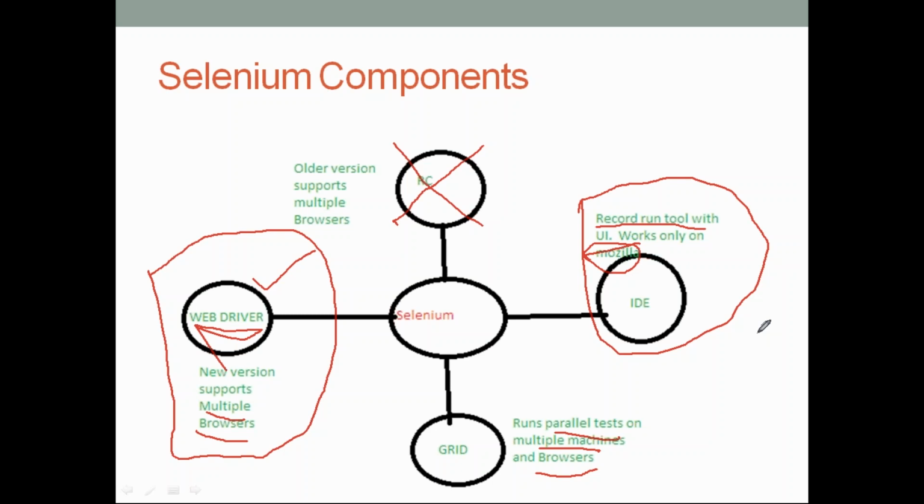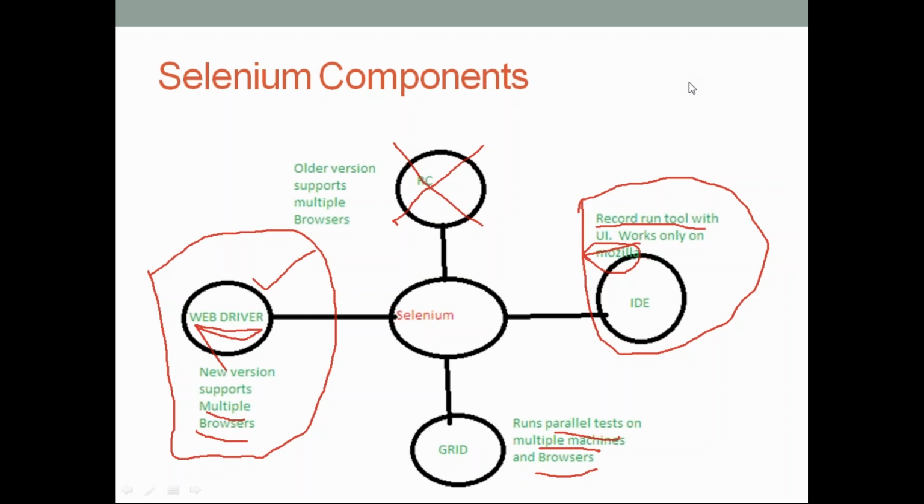If we go with sequential execution, let's say I have 10,000 test cases to be executed and I have very little time, a day or 2 days. Obviously within a day, I cannot complete executing 10,000 test cases with a single machine. Instead, we can implement Selenium Grid, where I can execute multiple test cases parallelly on multiple browsers or multiple machines.